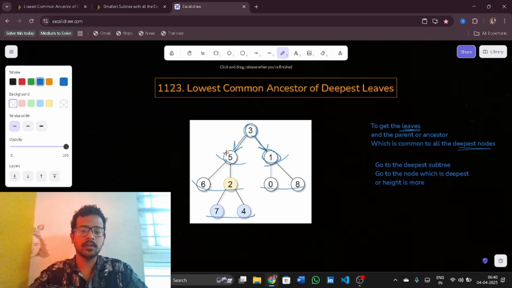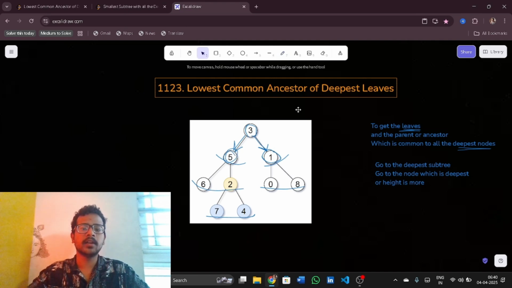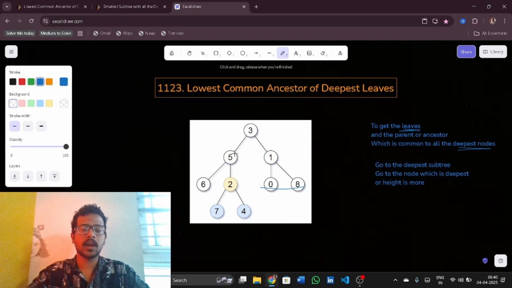Now let us see what happens if I go here. Now I'm at node 5. Here also I have two subtrees, one on the left and the other on the right. Left has a depth of 1 and right has a depth of 2.